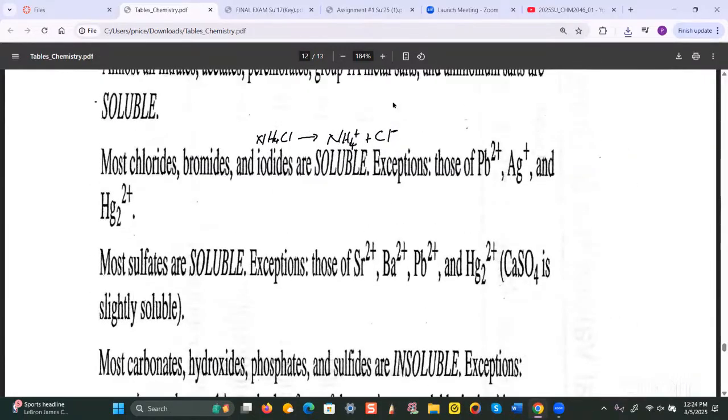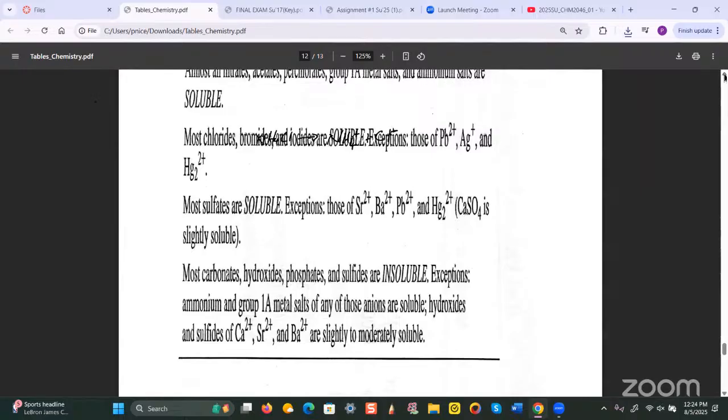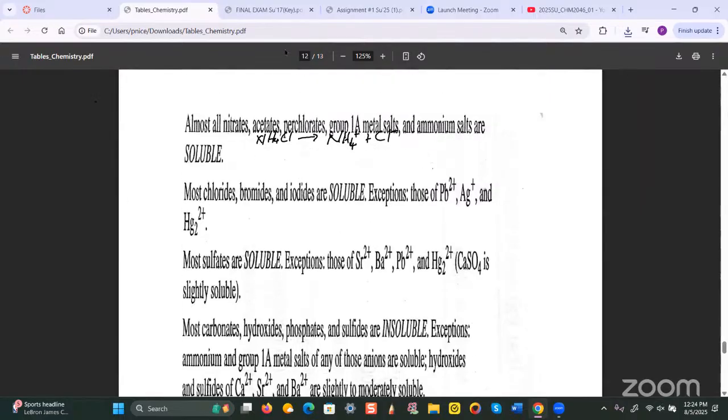Okay, so this is it right here, right? This is used to make predictions as to what ionic compounds are soluble or insoluble in water, right? So for example, I said earlier that group 1A metal salts, like potassium, sodium, and so on, are always soluble.